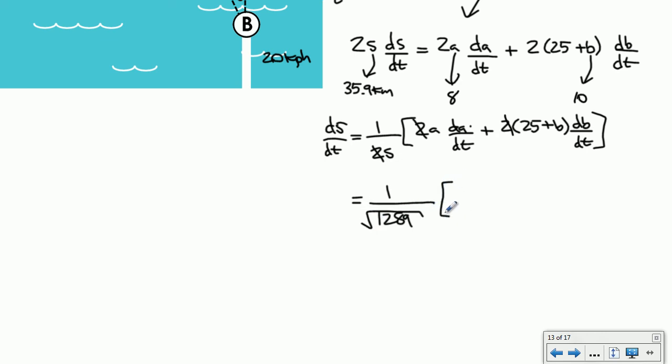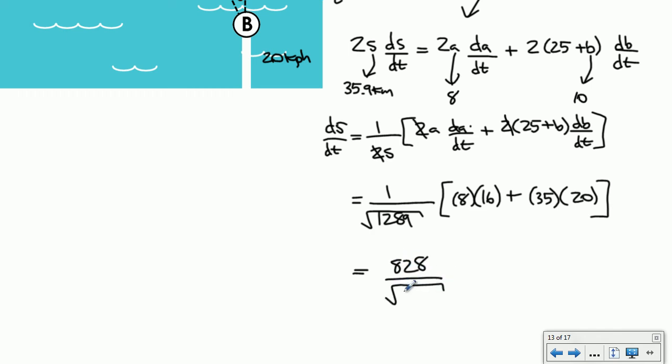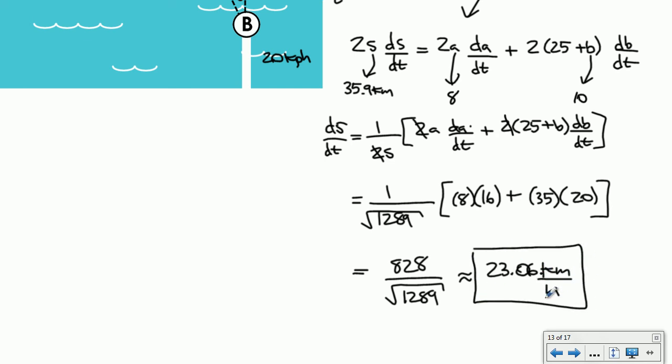We can sub in for a, which is 8. We can substitute for dA/dt, which is 16. 25 plus b, we know b is 10, so that'll be 35. And then dB/dt is 20. So after some simplification, we will have 828 divided by root 1289, which is about 23.06 kilometers per hour. And that's our final answer.